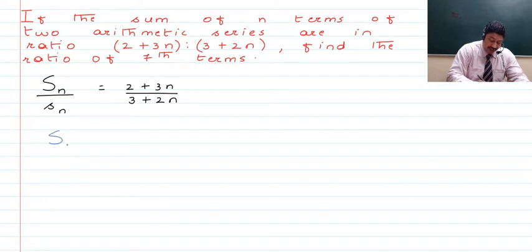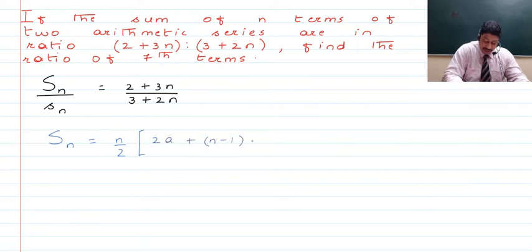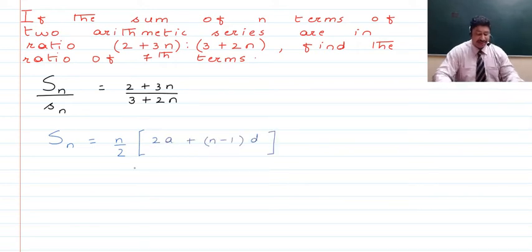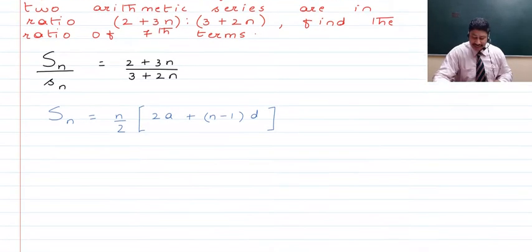So if you talk about any Sn, then you know that it is given by n upon 2 times (2a plus n minus 1 times d), right? We've just discussed this, and now we are going to use this formula. Next, we will substitute this formula in the numerator for the first series and for the second series.